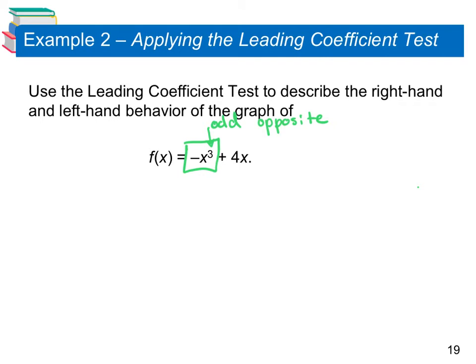What does this negative tell us? Would it be rising left, falling right? Or no? First thing we can do is draw our x cubed graph. It looks like this, and we know that it has a positive slope. But here, we're going to have a negative slope because our leading coefficient is negative, so we need to make it go the other way.